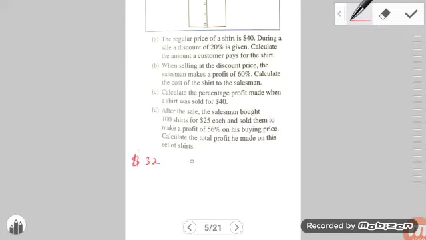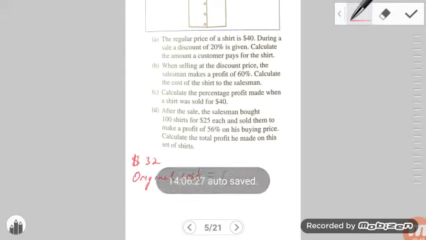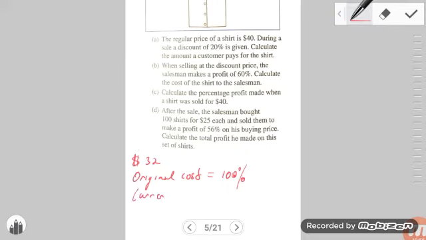And since the profit is 60%, it simply means that if the original cost of anything is equal to 100%, and he's making a 60% profit at the moment, that means the current price that he's selling the shirt for is actually 160%.